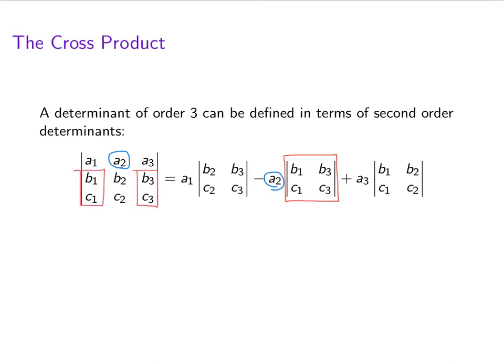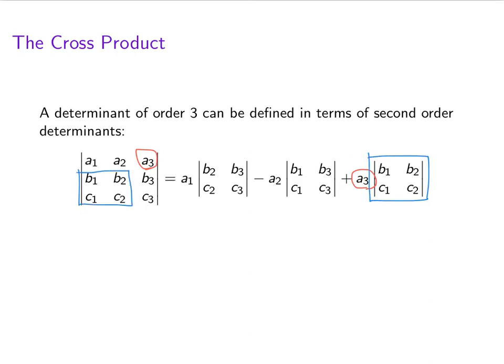Notice that that's what you get when you cross off A2 and everything in that row and column. Finally, we have A3, which comes from here. And then this determinant, B1, B2, C1, C2, comes from here. Again, by taking the original matrix, finding the A3, and crossing off the row and column that it's contained in.